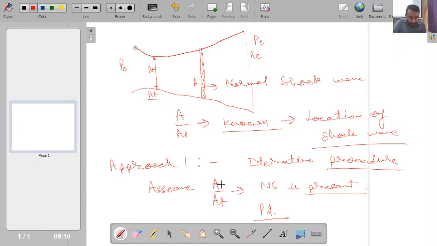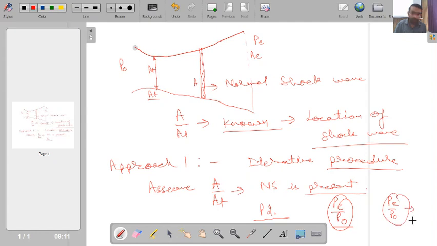So if I am assuming A by AT, it means I am assuming that the location of the shock wave is known to me beforehand. Okay, so now I can perform all the analysis which I did in problem number 2, and then I can determine the ratio of PE by PO. So this is the ratio which I have calculated, and the actual PE by PO is known to me.